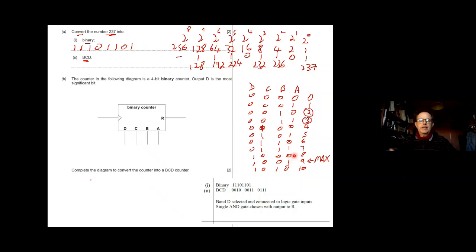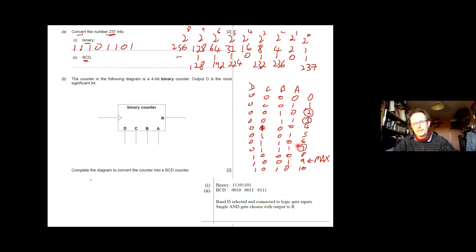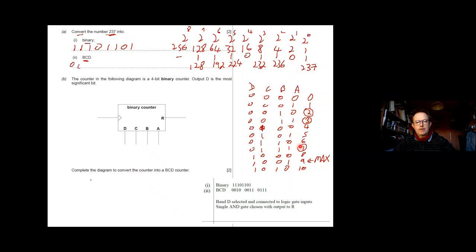Binary coded decimal basically feeds into a 7-segment display. So I'm going to use the 2, I'm going to use the 3, and I'm going to use the 7. And I'm going to write down basically all of those 4 bits. So there's the 2, gone in. This is the 3 going in. And this is the 7 going in.